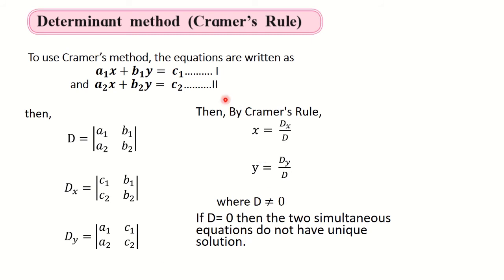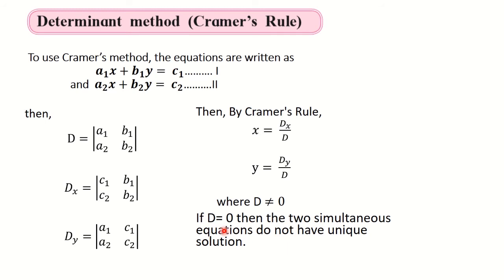Then you have to apply Cramer's rule, that x is equal to Dx by D and y is equal to Dy by D. The condition is that D cannot be 0. You know that the denominator cannot be 0. We cannot divide any number by 0. And if the value of D is 0, then the simultaneous equations do not have a unique solution.